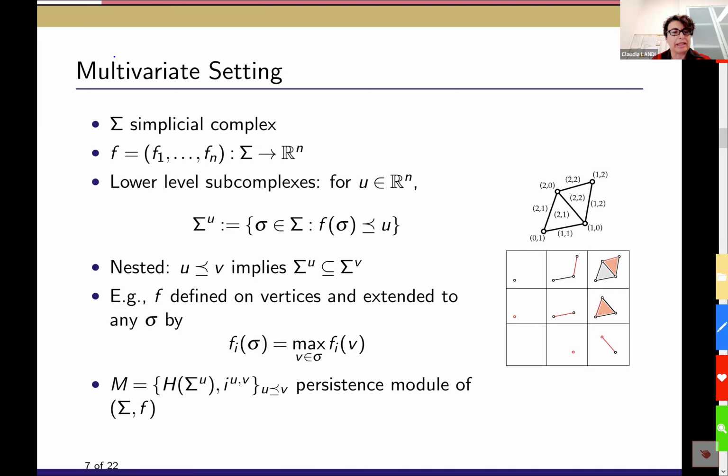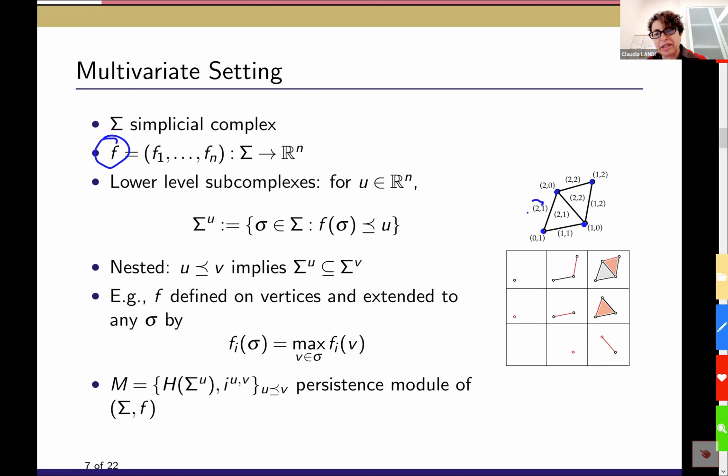And one way to define such a function f that has these properties is the following. If, for example, we start from a function defined on the vertices of a simplicial complex, so we only have the data on the vertices, then we can extend the function to all other simplices just by taking the maximum of the value of each component of the function f on the vertices of the simplices.